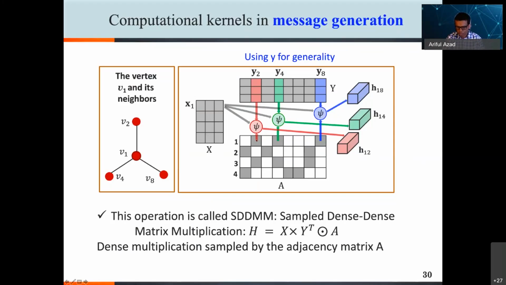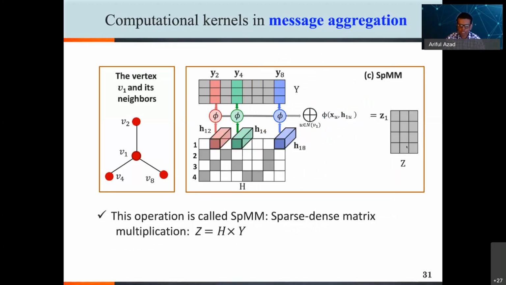For every location of the output, it can be a single number, a vector, or anything. We have no control over it; it is application dependent. Here I'm showing them as a vector. So after this operation, we are generating messages for every edge in the graph. Then we have to aggregate them. Remember that here I am using dark locations to denote edges.